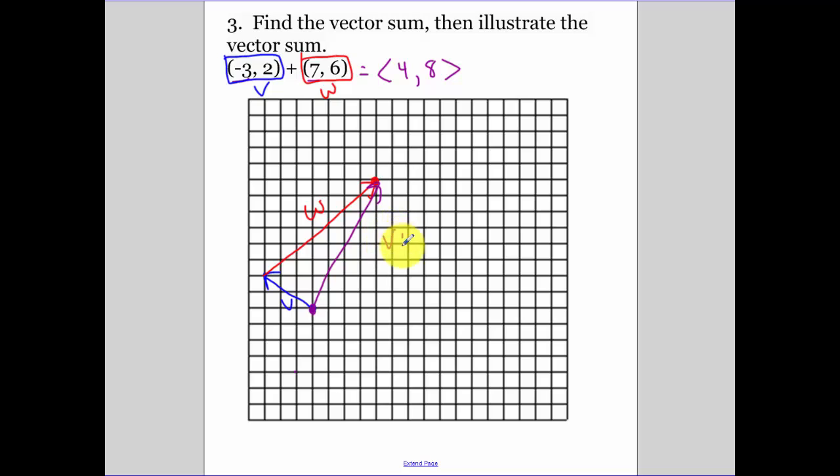That's v plus w. And that vector should be 4 in the positive x direction, 8 in the positive y direction. Let's make sure. 4 in the positive x, 8 in the y, so that works out. So I had 4 and 8, which worked out with the math that we did above.